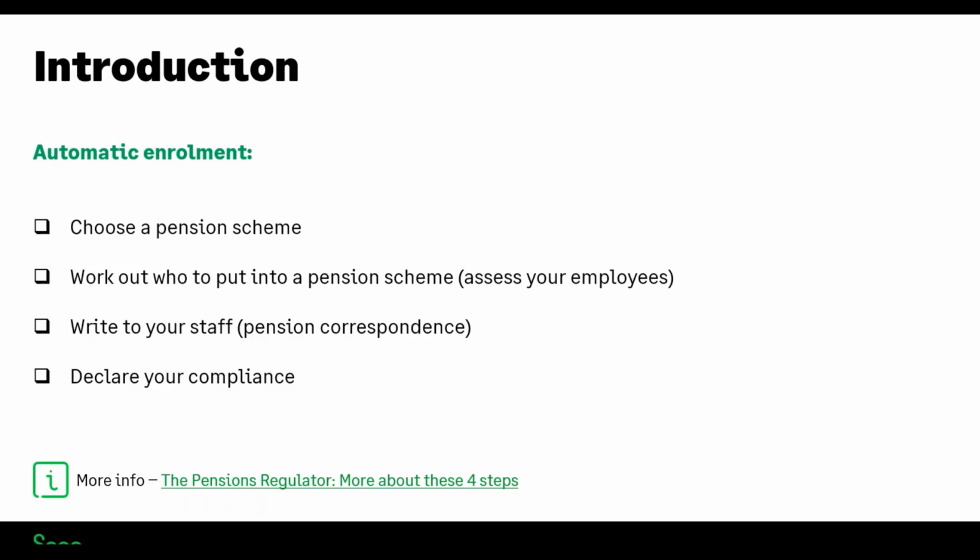You'll need to write to your staff to explain how automatic enrolment applies to them, otherwise known as sending pension correspondence. And you also need to declare your compliance, so basically declaring that your workplace pension is compliant and all of the information that you've provided is accurate.